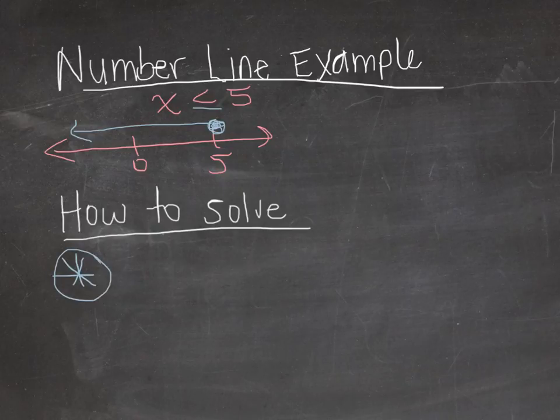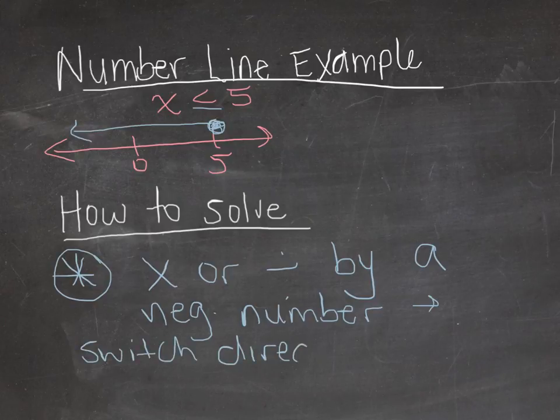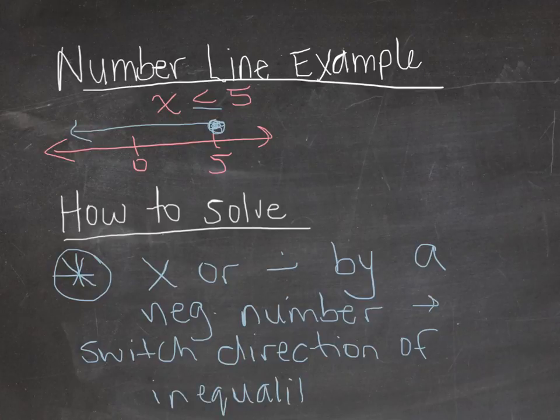If you ever multiply or divide by a negative number when you're solving an inequality, you have to switch the direction of the inequality symbol. Let's see how that works in practice. That's the only really important thing to remember.